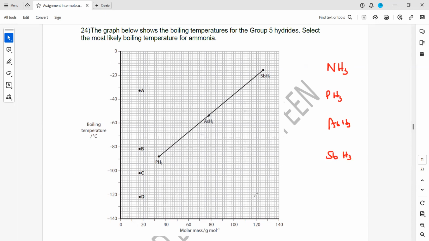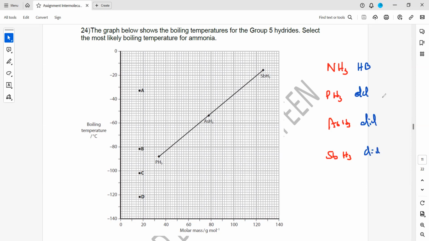These are the hydrides of group 5. So what kind of forces exist? Hydrogen bond is there in ammonia. The major force in the next one is the dipole force, and the major force in the last is dipole-induced dipole. There are others, but mainly dipole-induced dipole.